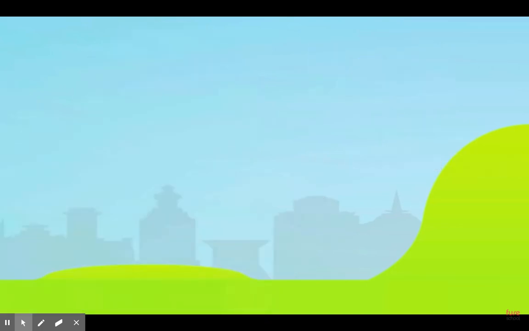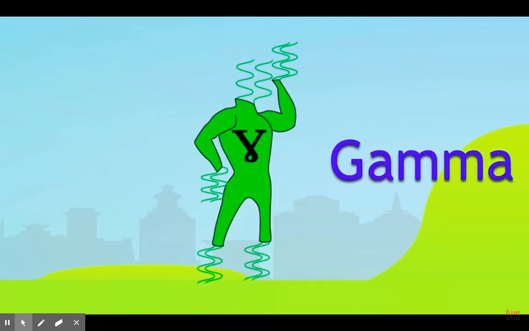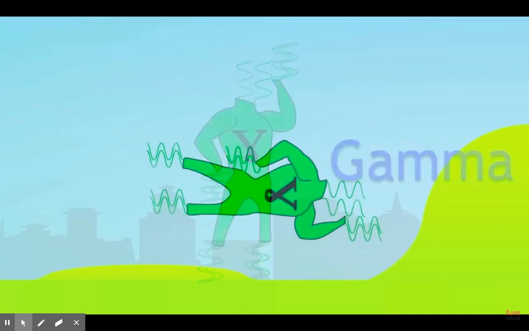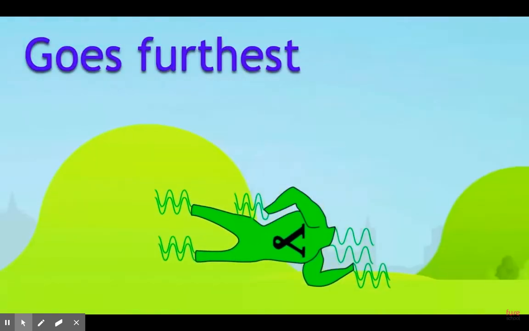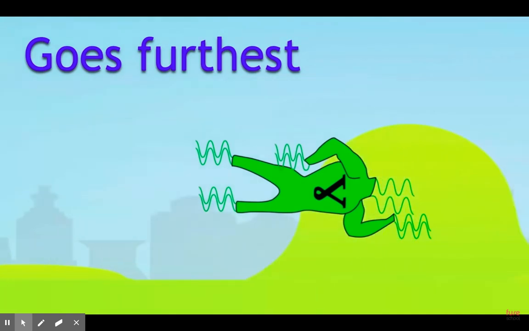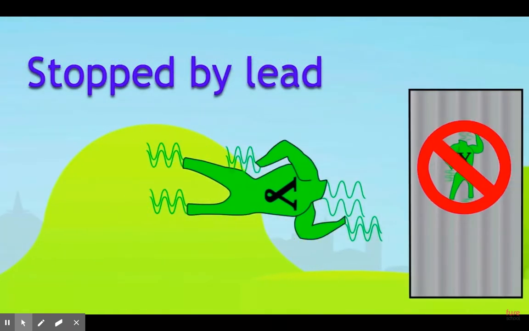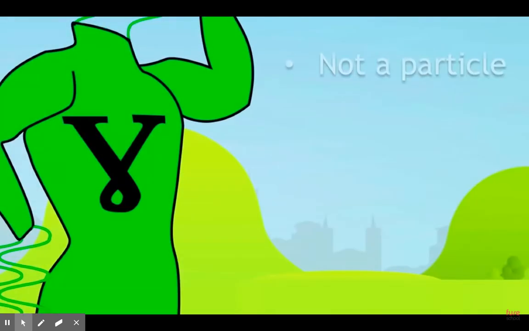The most penetrating of the types of radiation is gamma radiation. Gamma radiation goes furthest in air, it goes a long way in air, and also it goes through aluminium. But it will get stopped by lead. Gamma radiation is not a particle like the other two.